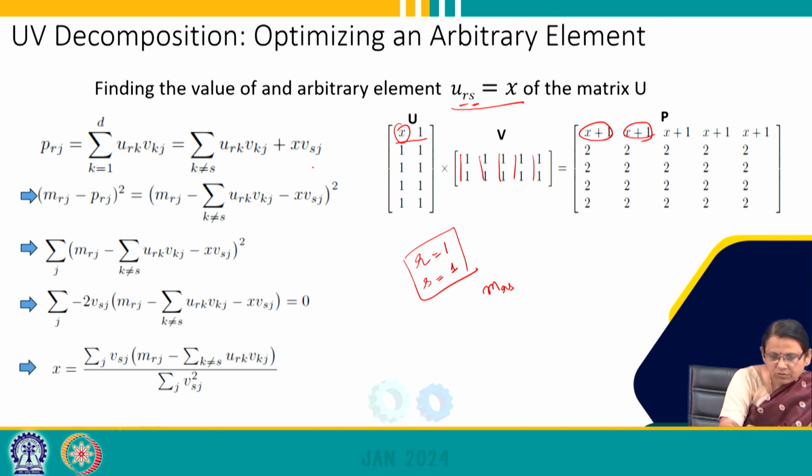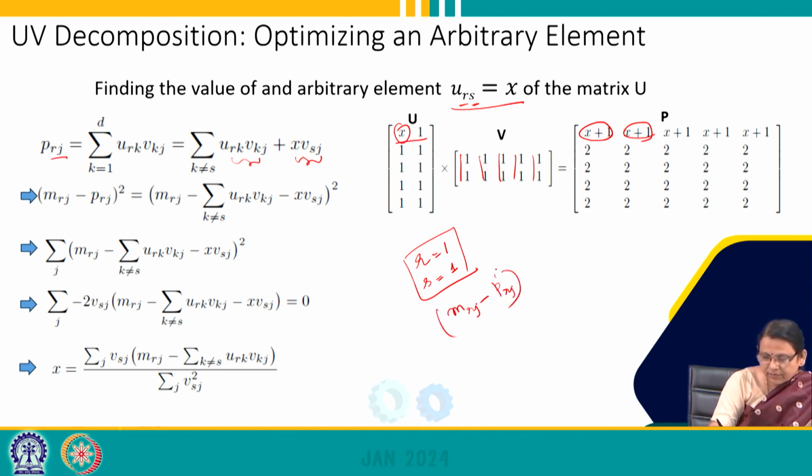So, first you multiply the individual element by x and the corresponding v value you are getting. Now, from m_rj, of course, here we have used symbols rj, you subtract this p_rj.